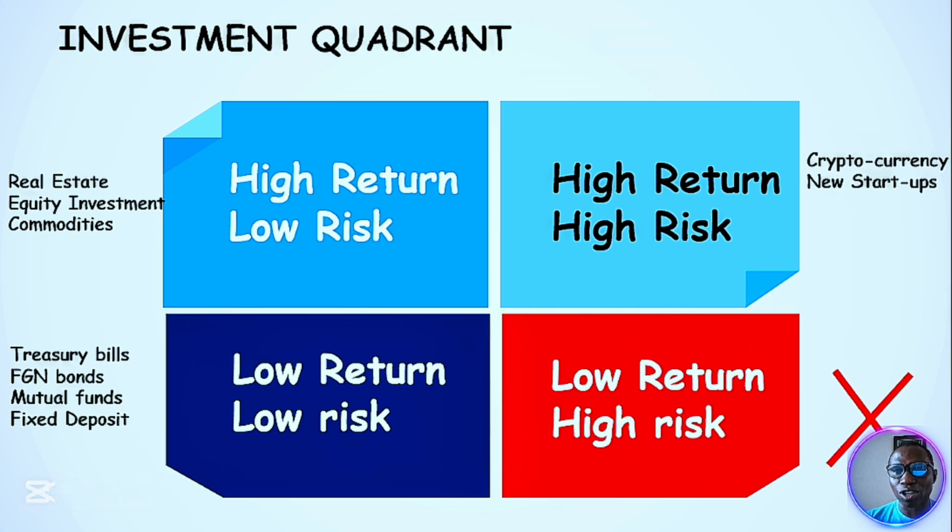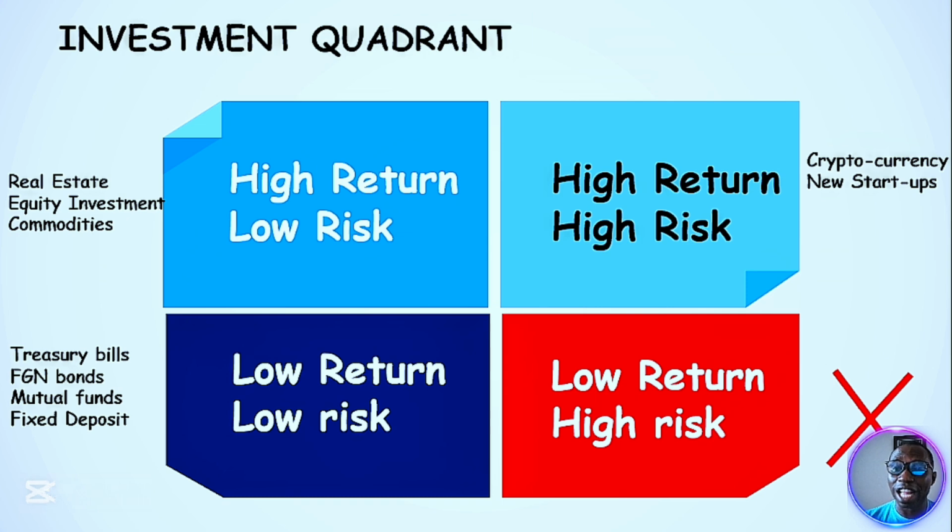So this is the last quadrant, which is high return, high risk. This is cryptocurrency. When you are also investing in a new startup business, the risk is high and the return also is high. The return could be as high as 100%, but you also need to be aware that the risk is high.